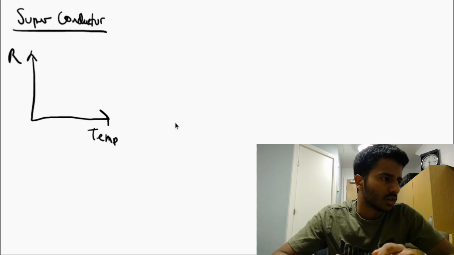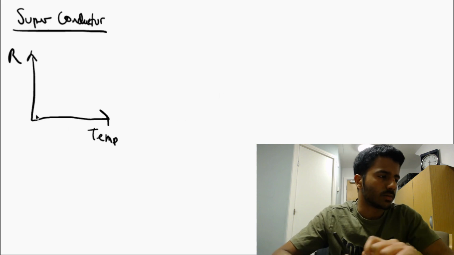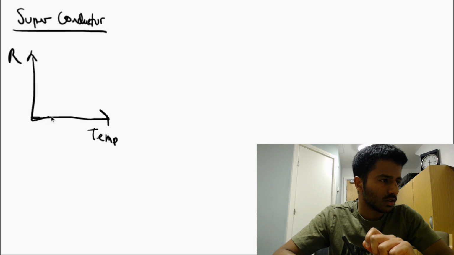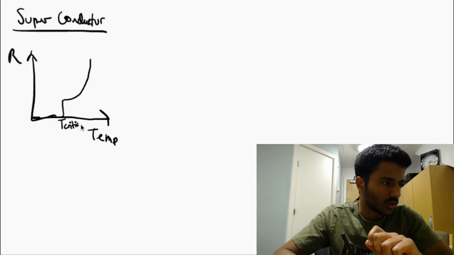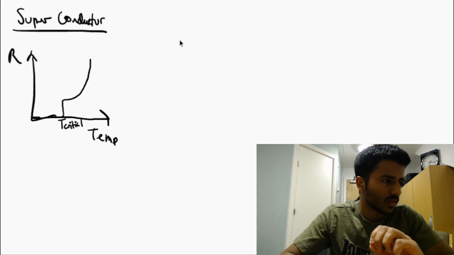And if we look at the graph of resistance versus temperature, for a superconductor, resistance is 0 for a while until it gets to a certain temperature. It shoots up and then increases like that. This here, I want to call it T critical, is the critical temperature.